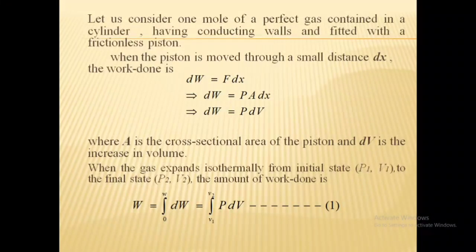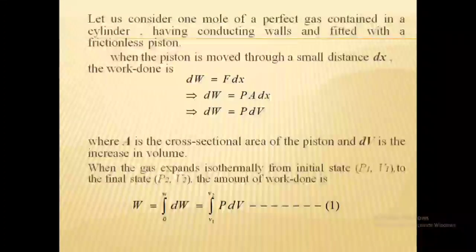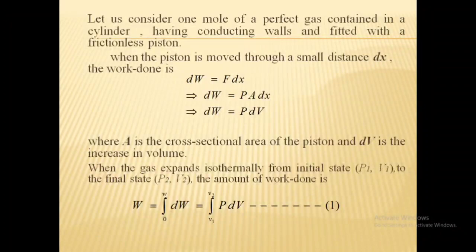That implies dw equal to P dV, because area into displacement A dx is dV. So dw equal to P dV, where A is the cross-sectional area of the piston and dV is the increase in volume. Why is there an increase in volume? Because the piston is moved upwards, and that's why there is an increase in the volume of the cylinder.